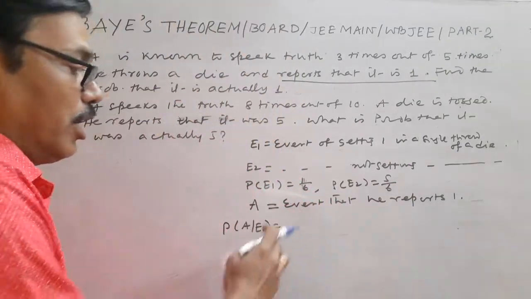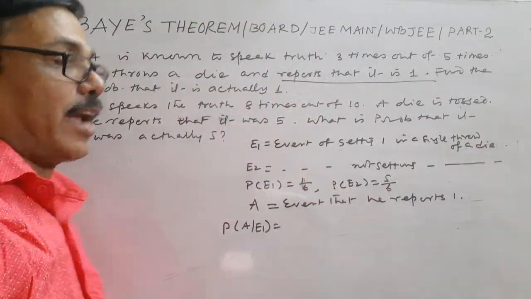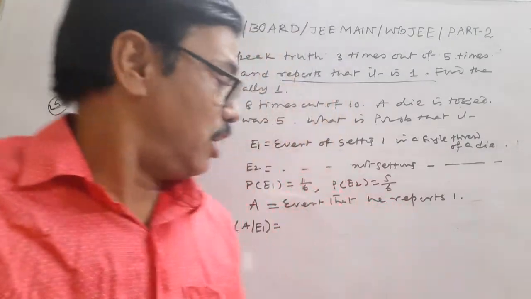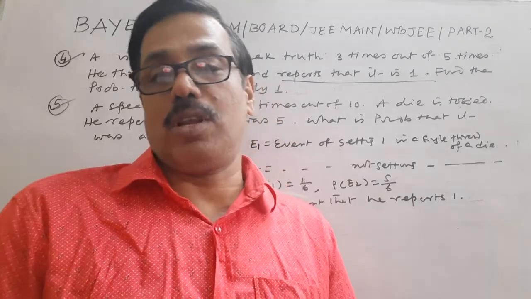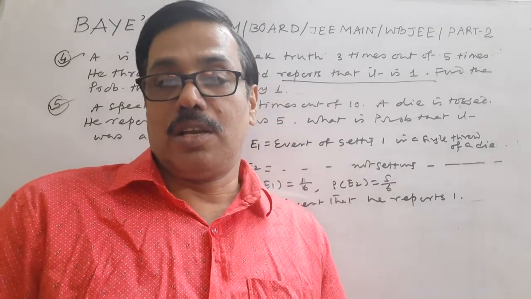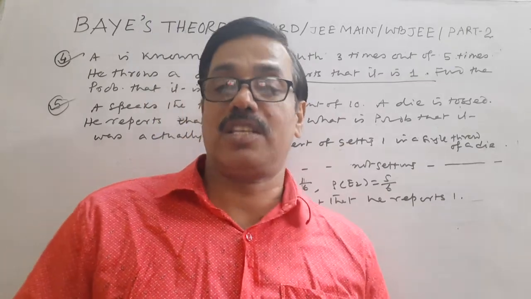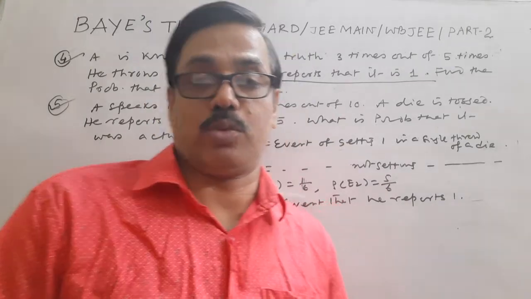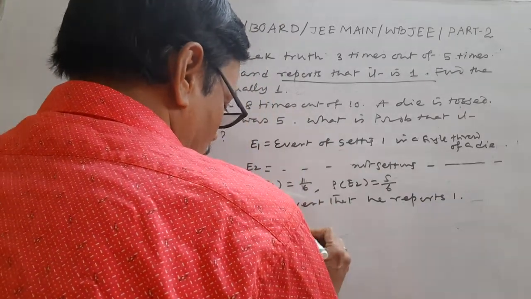A by E1: he reports that it is 1 when 1 has actually occurred. Report is 1 and 1 has actually occurred, that is, he speaks the truth.